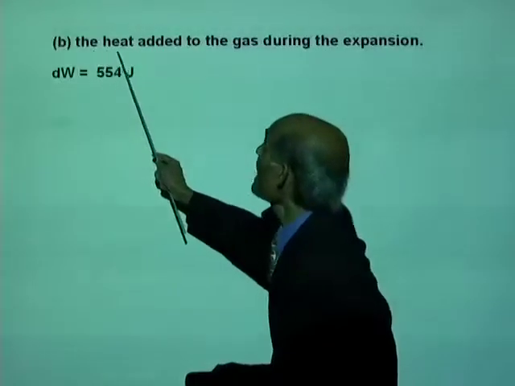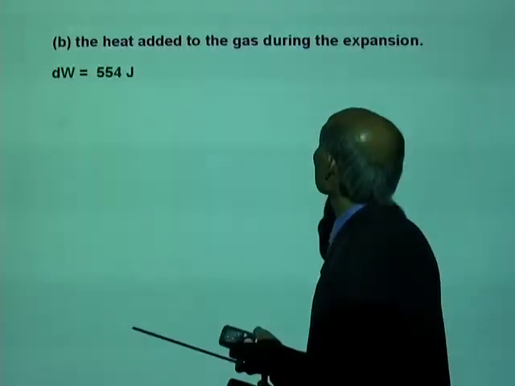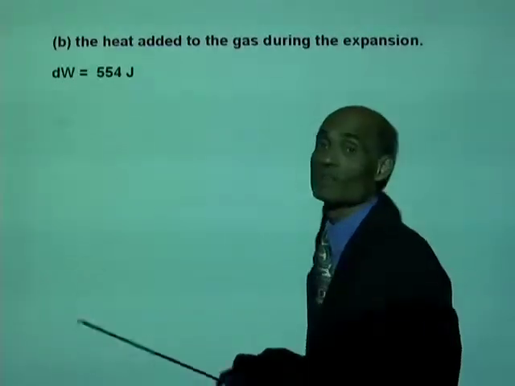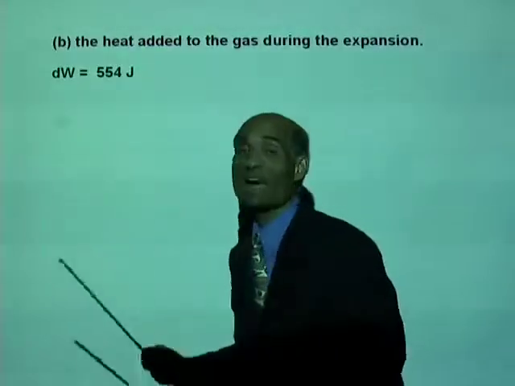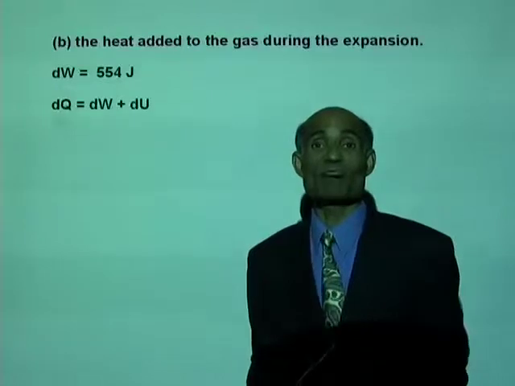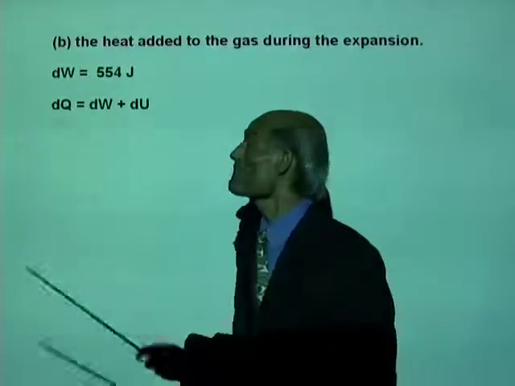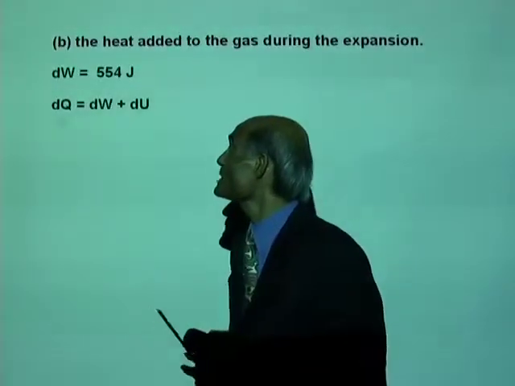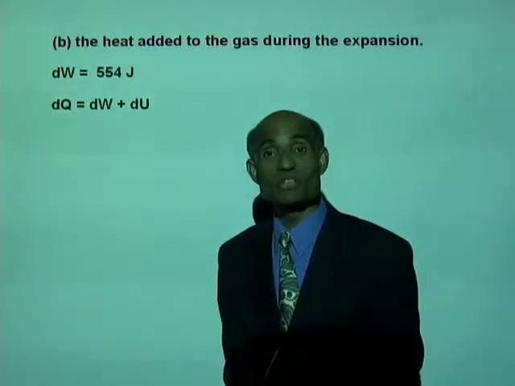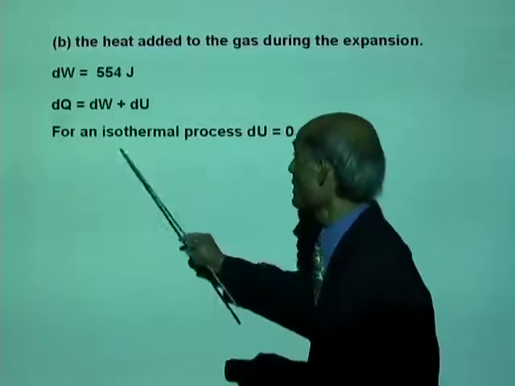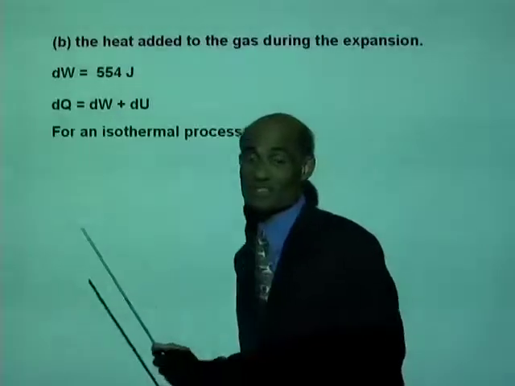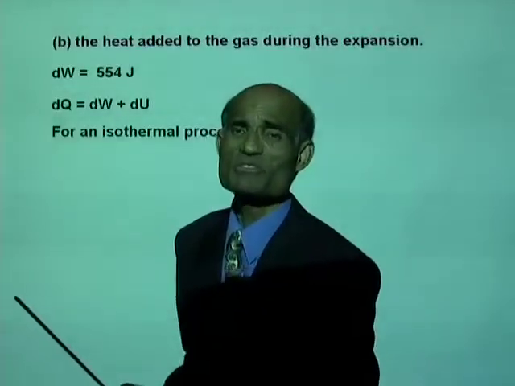And we now need to find the heat added to the gas during this expansion. What we now know is that the work done is 554 joules. dQ equal to dW plus dU. And for an isothermal process, what is dU? I should have asked you that.